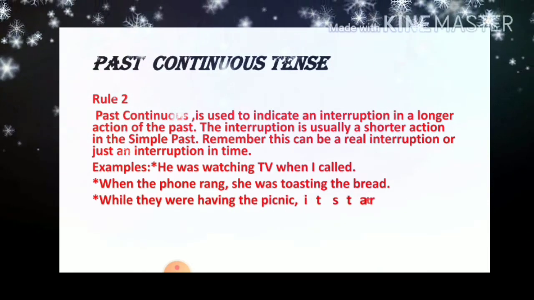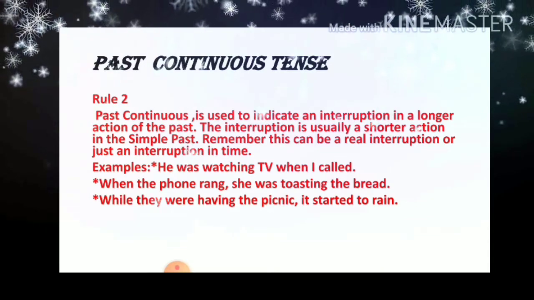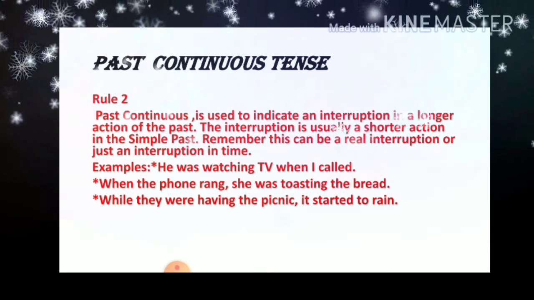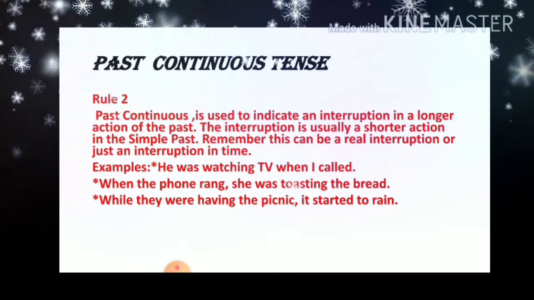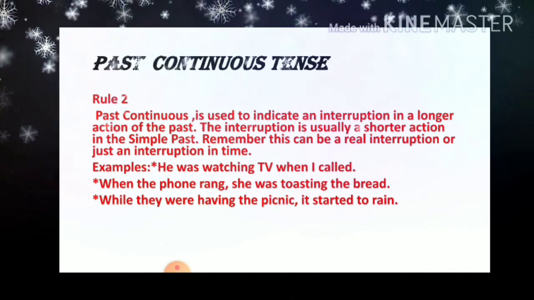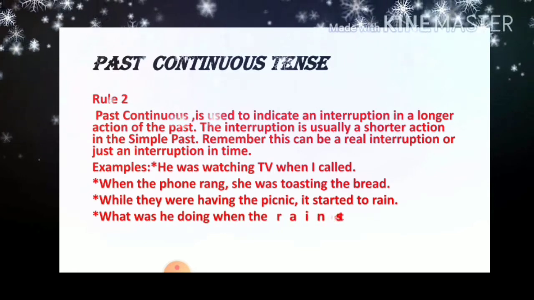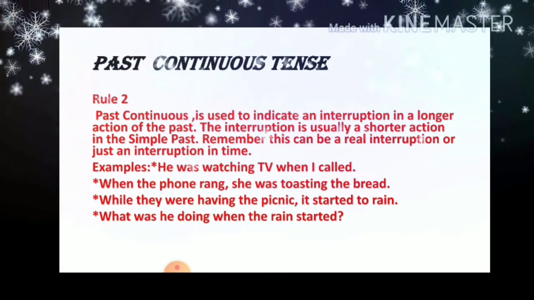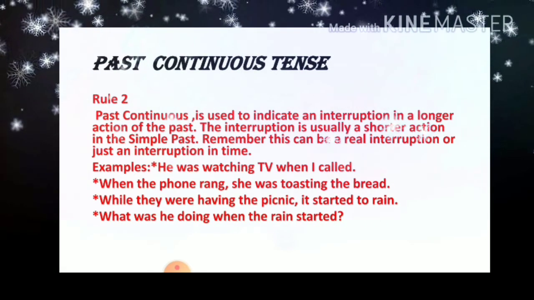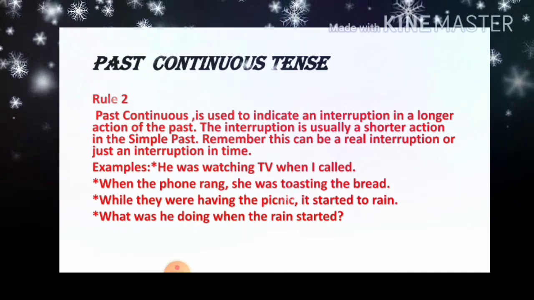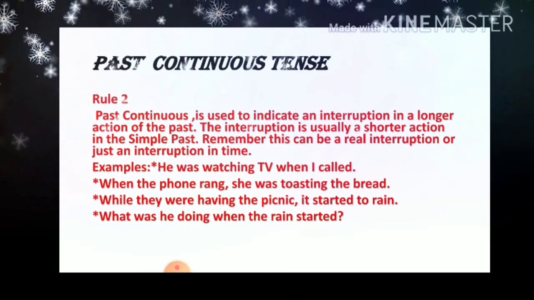And the other example: while they were having the picnic, it started to rain. In the same manner, they were enjoying the picnic, it started to rain. So rain is an interruption. Now the next one is, what was he doing when the rain started? So there is also a rain interruption in doing the work.